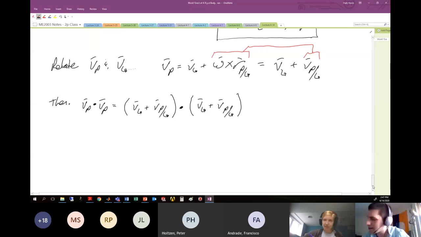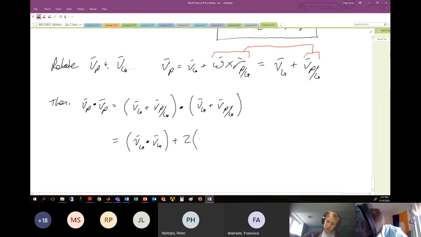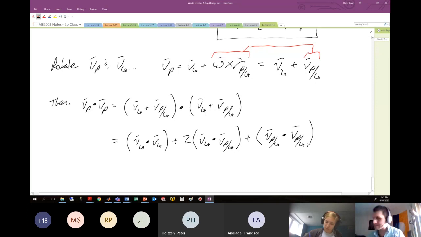Getting mathy. All right. So we kind of like FOIL this, right? First, outer, inner, last. And apply the rules of dot products. And you'll have something like Vg dot Vg plus 2 times Vg dotted with Vp relative to G plus velocity of P relative to G dotted with the velocity of P relative to G. All right.